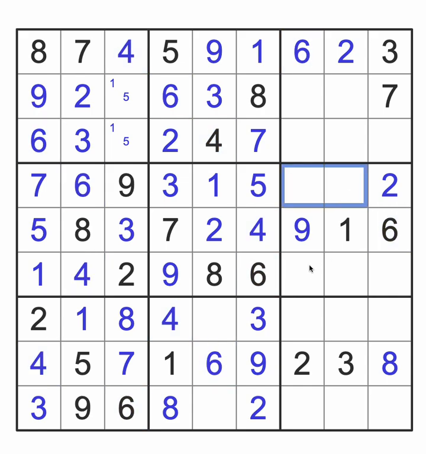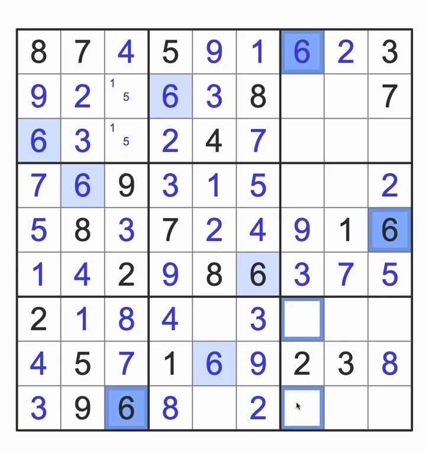These are 4 and 8. These are 3, 5, 7. And here's 3 and 7. So this cell becomes 5. And this cell is blocked by this 3. Gives me 7 and 3. 6, 6, and 6 block these.